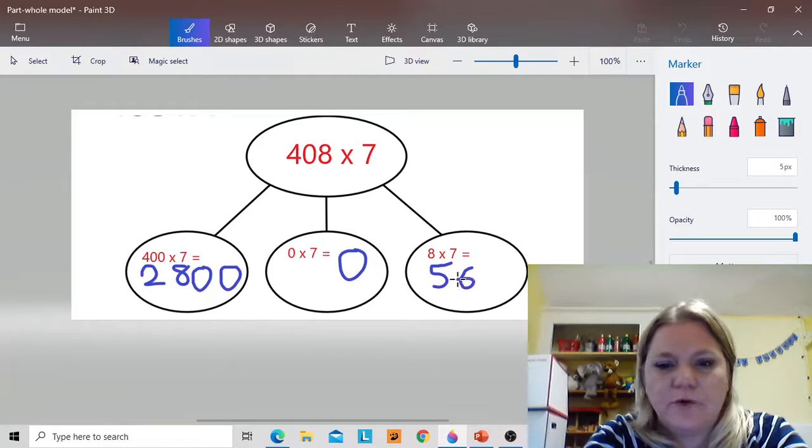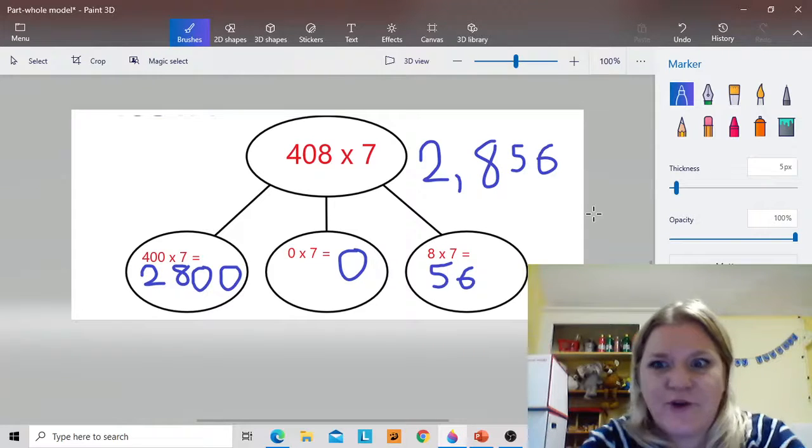So when we put all of those numbers together, when we add them together, we've got 2,800, add 0, add 56, which gives us 2,856. Did you get that right?